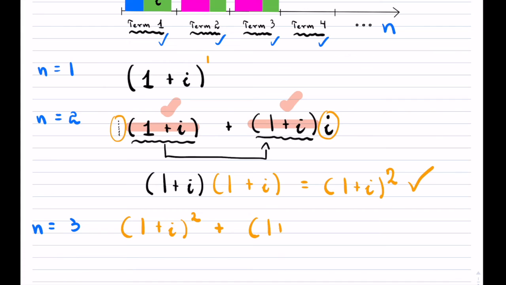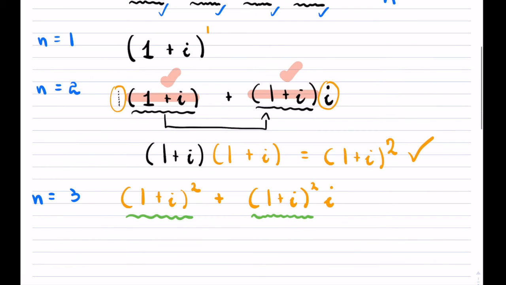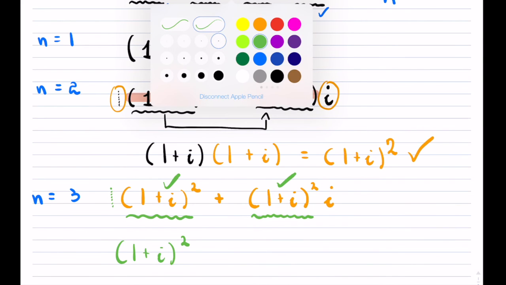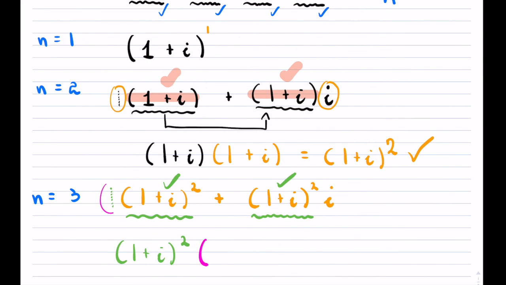But the interest is always the amount of money that you started with multiplied by I. Again, I have 1 plus I to the power of 2 here and here, and I have a 1 in front. So I can do exactly the same trick and factor out 1 plus I to the power of 2, and what I have left over is 1 plus I.